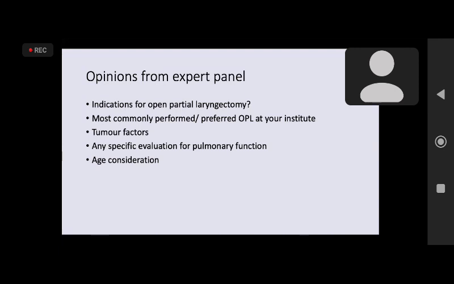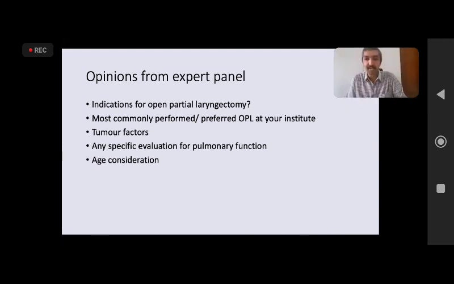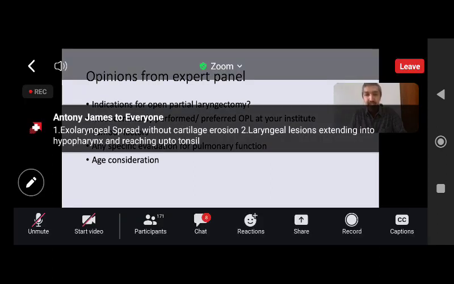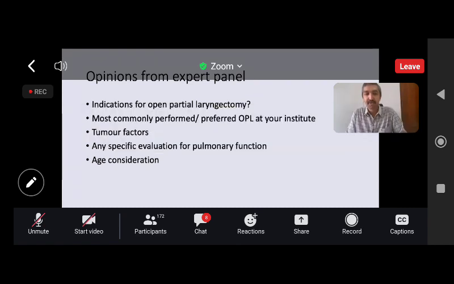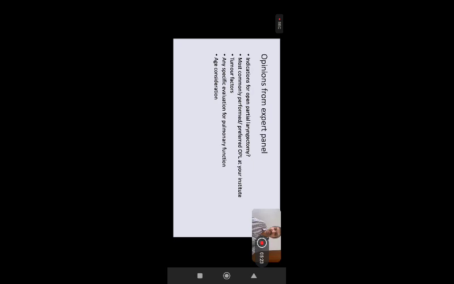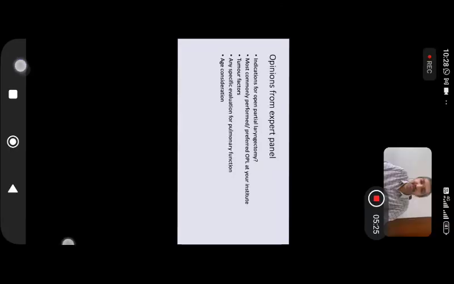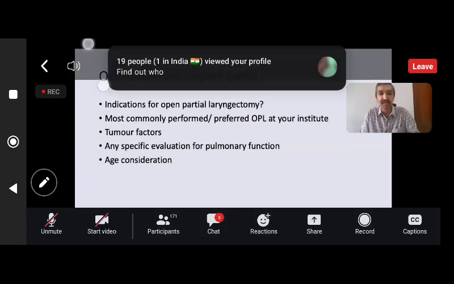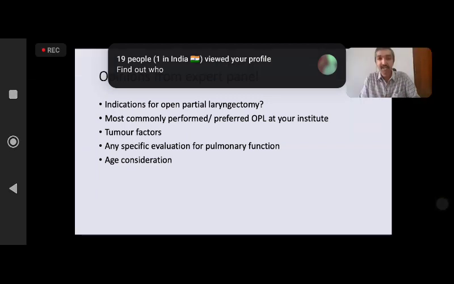Actually, with the advent of novel radiotherapy techniques and the narrow field, in a primary setting, it has come down very much. Why? Because in a primary setting, if it's a T3 larynx and we do a supracricoid partial laryngectomy, we need to augment that with adjuvant radiotherapy. So the functional outcomes are still better with going straight for chemoradiation, especially in advanced cases.